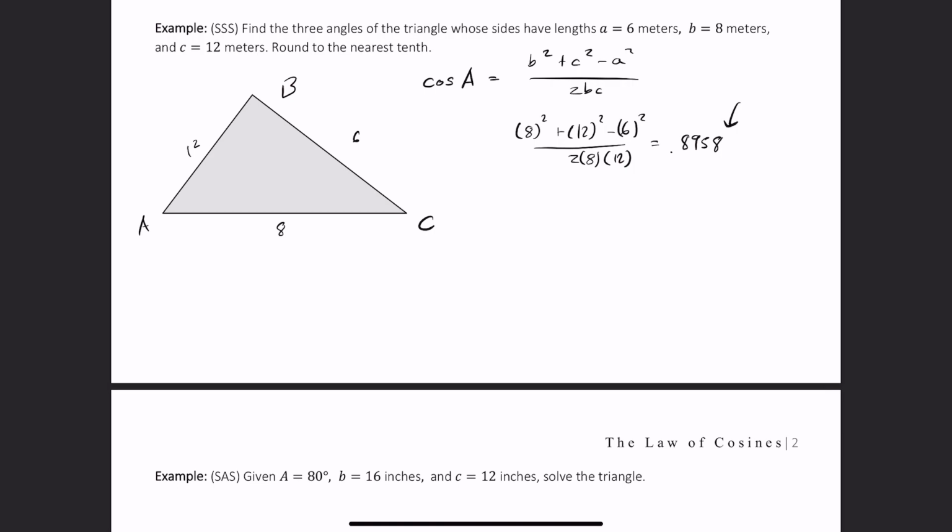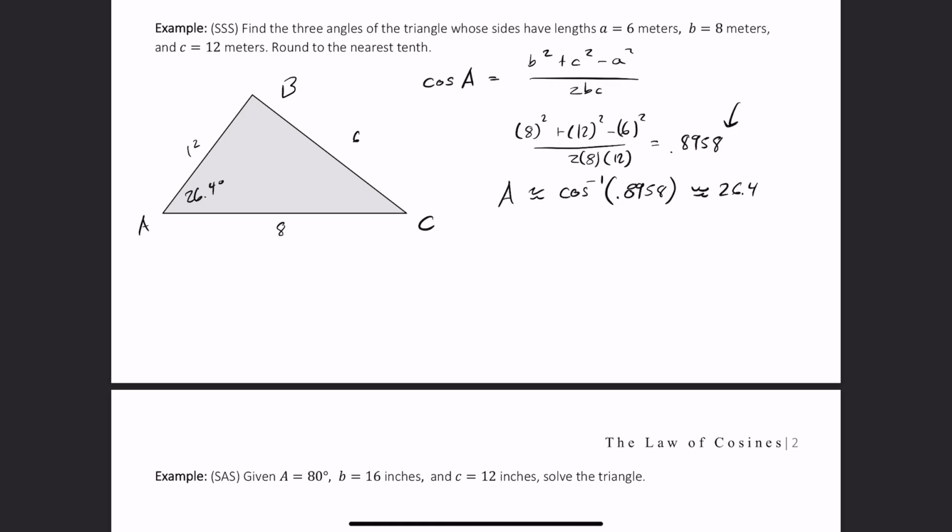This is what we get when we put this in our calculator. Now we take the cosine inverse, because we want the angle. And we get that this is roughly 26.4 degrees. This means that this angle right here is 26.4.